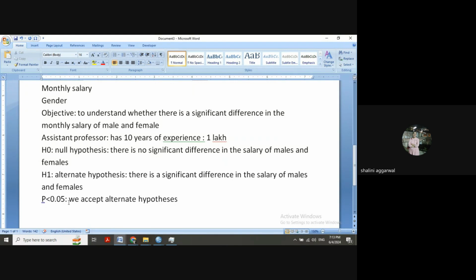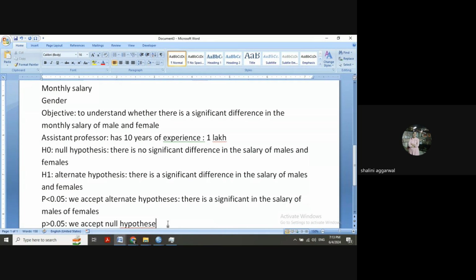So when p-value is less than 0.05, we accept the alternate hypothesis. Reverse, when p-value is greater than 0.05, we accept the null hypothesis. What does it mean? Accepting the alternate means there is a significant difference in the salary of males and females, that is, there is a discrimination in salary given by the organization.